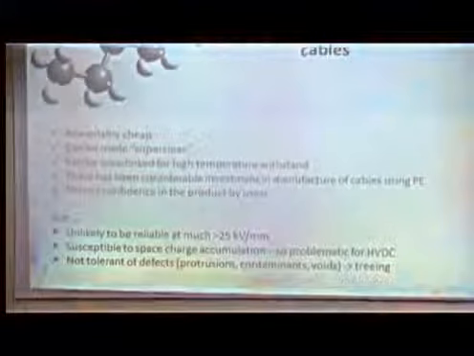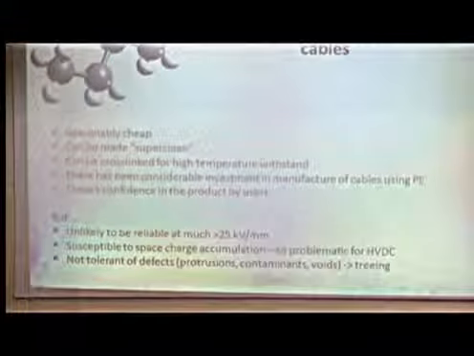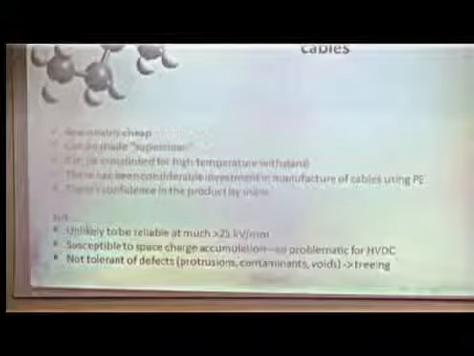So certainly we'd expect space charge injection to be occurring probably below 25 kV per millimetre, even in a good scenario. It's going to be susceptible to space charge accumulation, partly because it is such a good insulator, and partly simply that it's very difficult to have very much current flowing through it, and so that's going to be very difficult for high voltage DC systems.